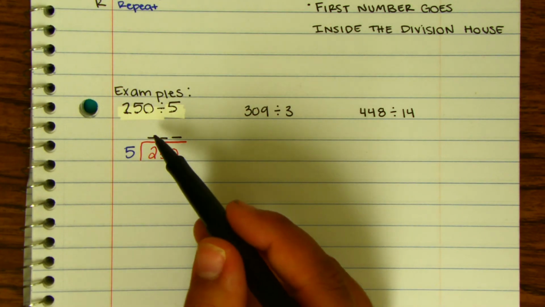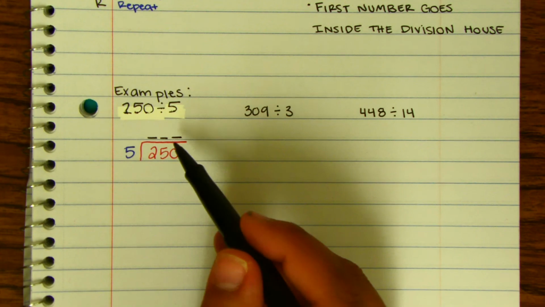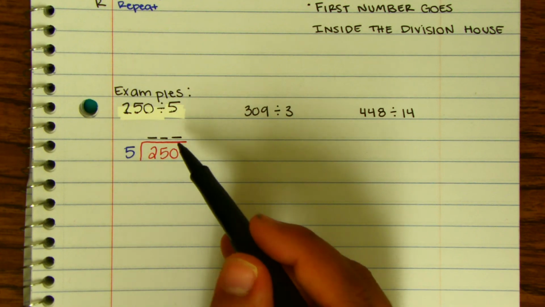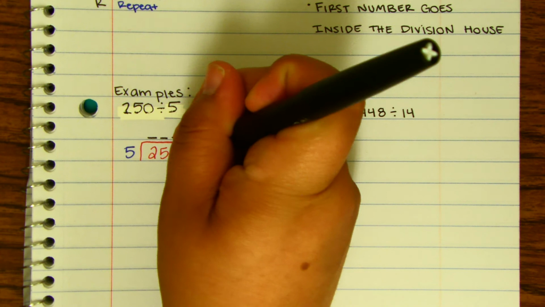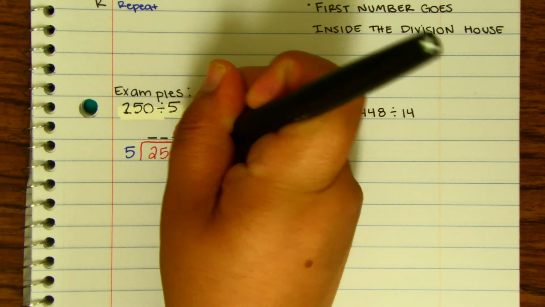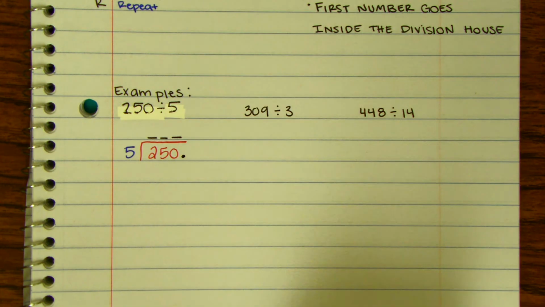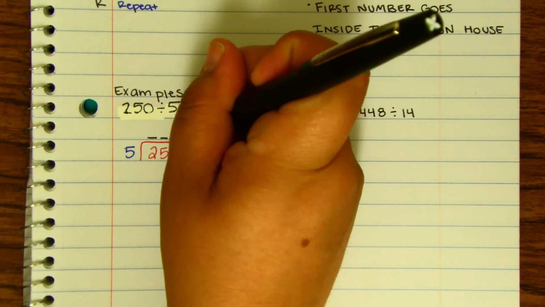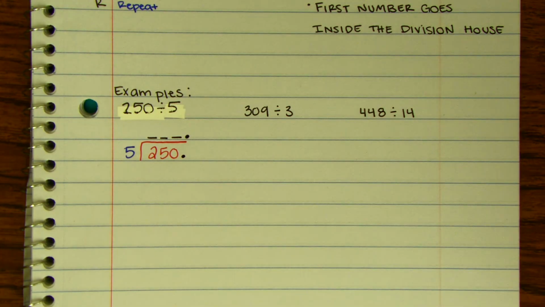So that tells me how many numbers should fill out for my answer. And then I'm also going to write a decimal place just in case we end up having a decimal when we divide. We might not always need that decimal, but it's there to help us if we do.